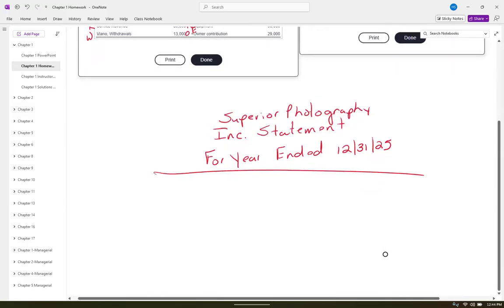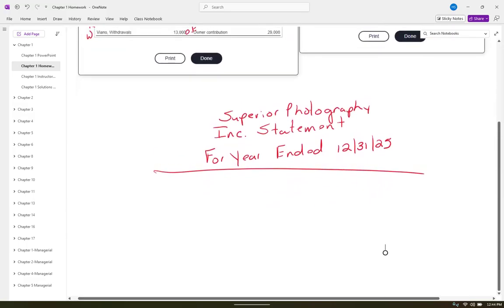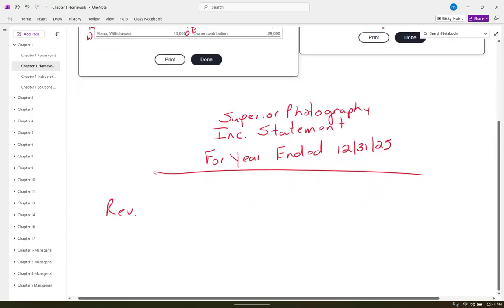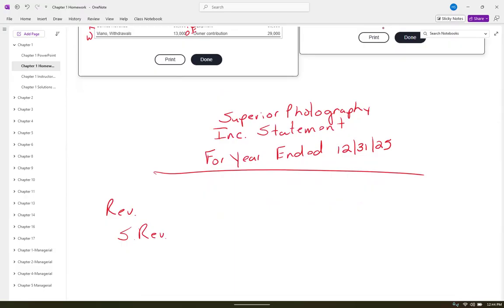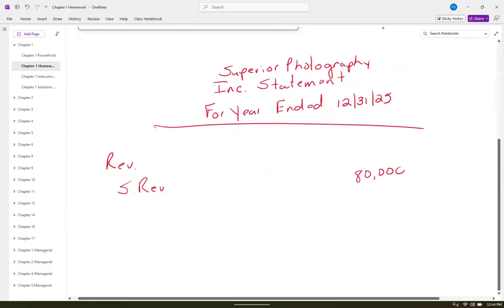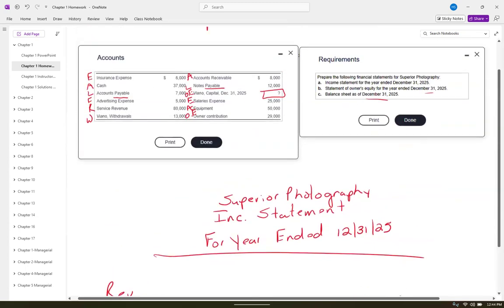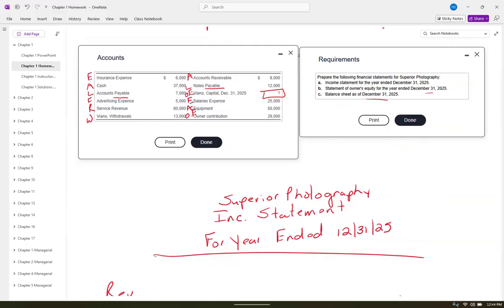Okay. So now what's the first thing on our income statement? It is the revenue. So we have service revenue of 80,000. And then we have our expenses. We already know what they are, and this is why it's really good to label all of them, because then you know you're not going to miss anything. So you've got an expense right here, an expense there, and an expense there.